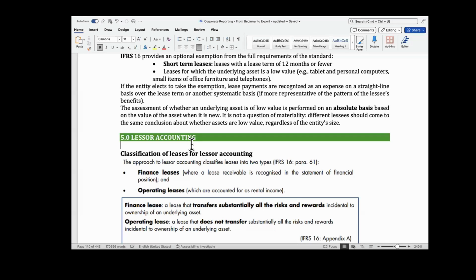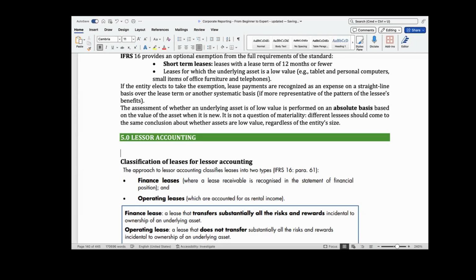But if the lease does not transfer risk and reward attributable to ownership of that asset to the lessee, he will not derecognize the asset. He will still continue to maintain the asset in his books. So the key question is this: which lease transfers substantial risk and reward?